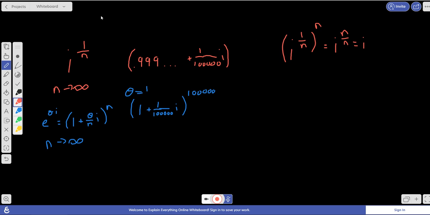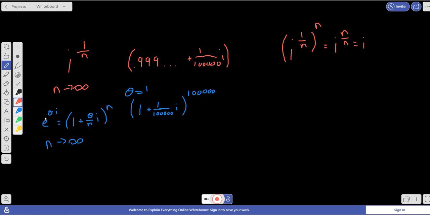Any power of i is always going to have a distance of 1 from that origin. So let's raise this to some really high power. Really high value of n, maybe not infinity, but we're going to get something like 0.99 plus 1/100,000th i. And this actually looks very similar. The higher we go with n, the more this is going to approach 1.